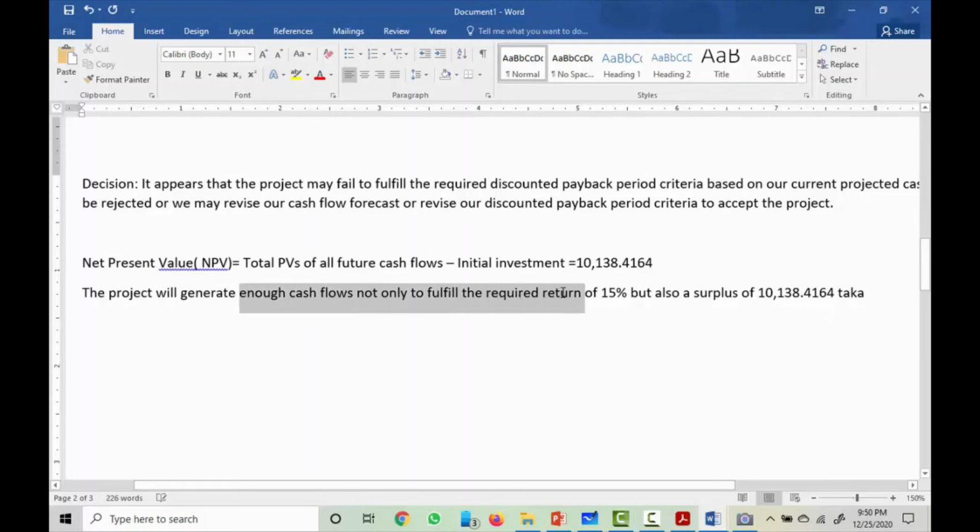So that means the project will give us not only the required return of 15%, but also a surplus of 10,138 taka. Right. So this is the interpretation. So obviously this is a good project based on NPV.